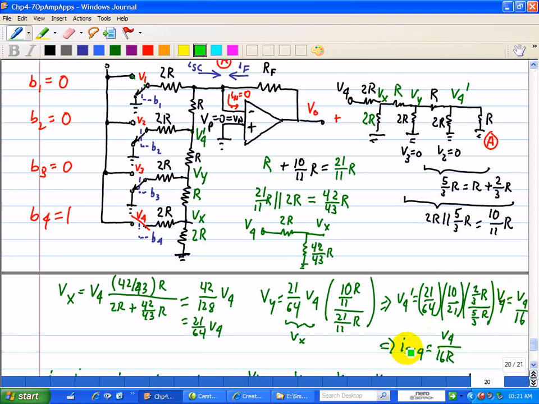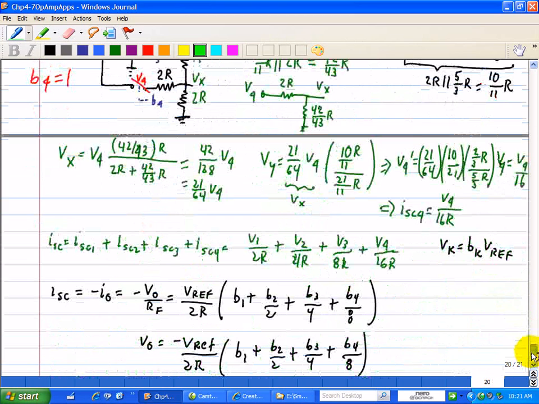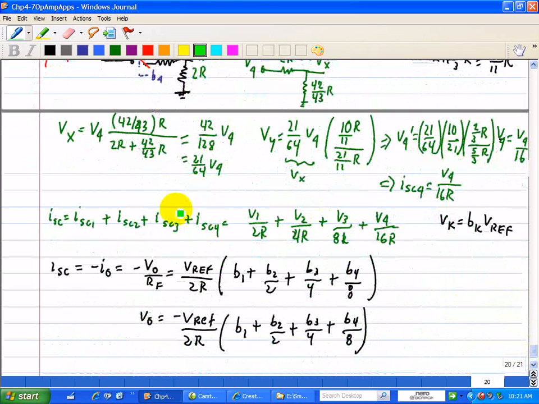And our current contribution, ISC4, is just V4 divided by 16R. So we finally proved that all the current contributions due to each input, ISC1, ISC2, ISC3, and ISC4, are equal to V1 divided by 2R, V2 divided by 4R, and we just did V3 divided by 8R, and V4 divided by 16R.